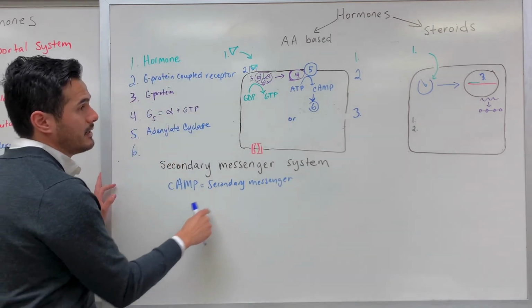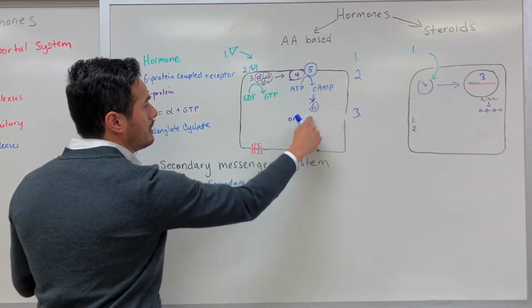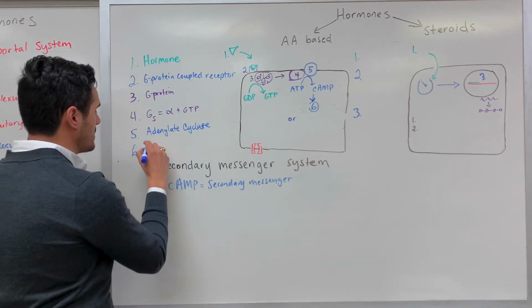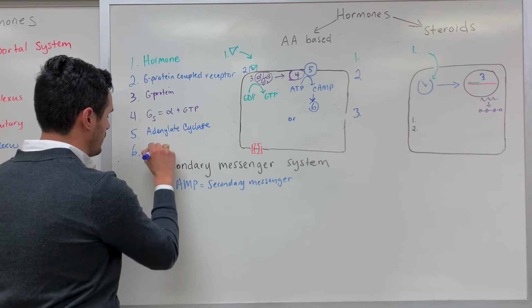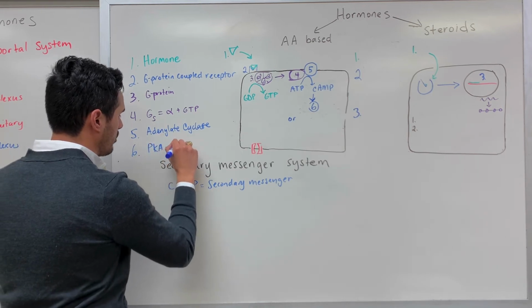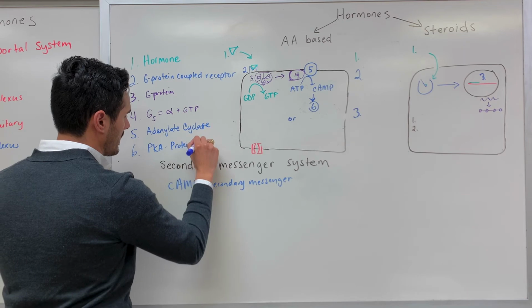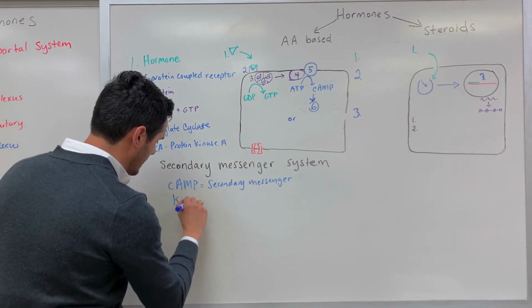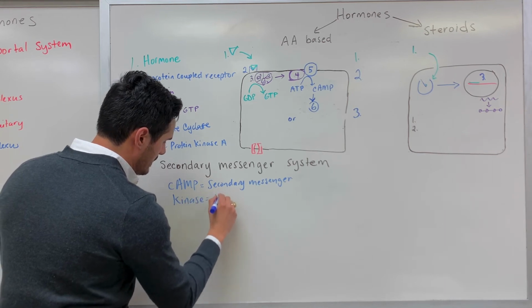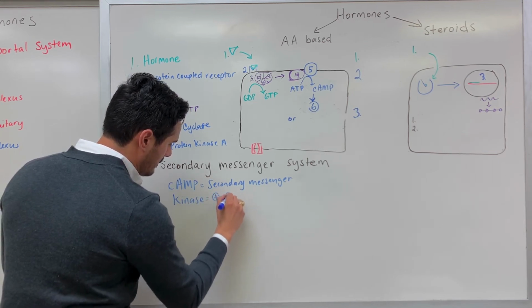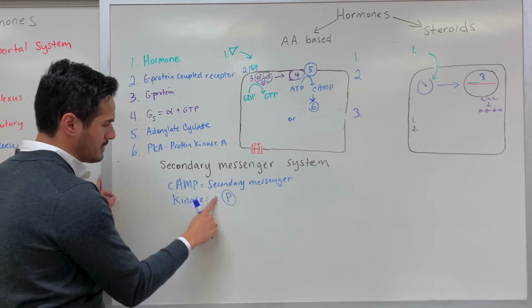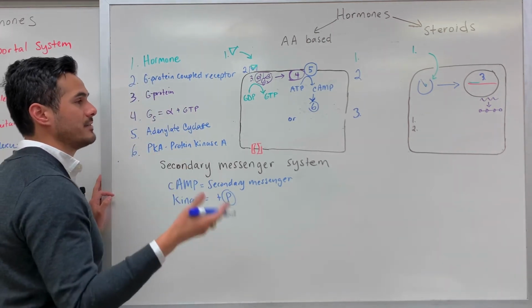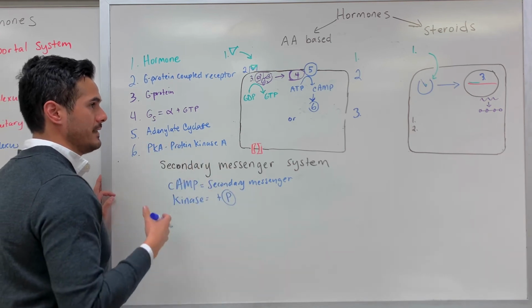And this secondary messenger, cyclic AMP, activates number 6, which is what's known as PKA, or protein kinase A. What kinase enzymes do is they add phosphate groups to things in order to either activate or inactivate them.